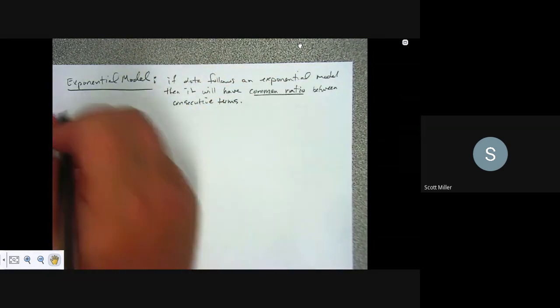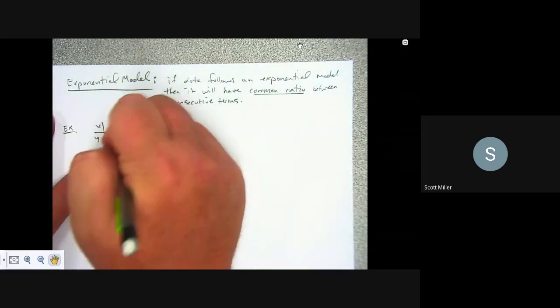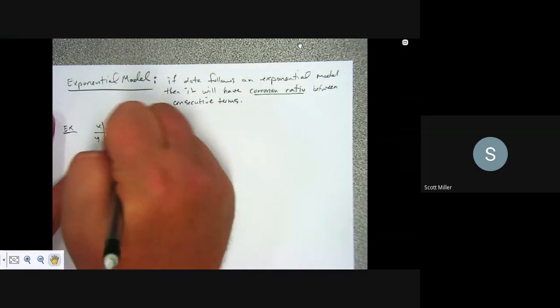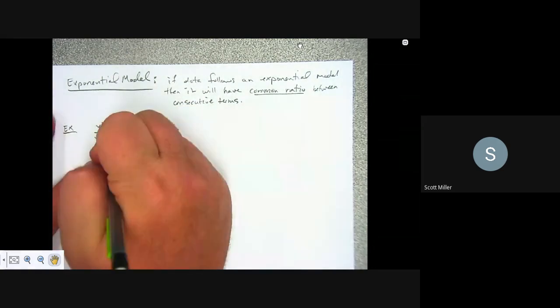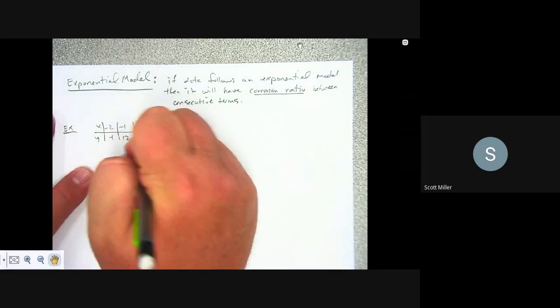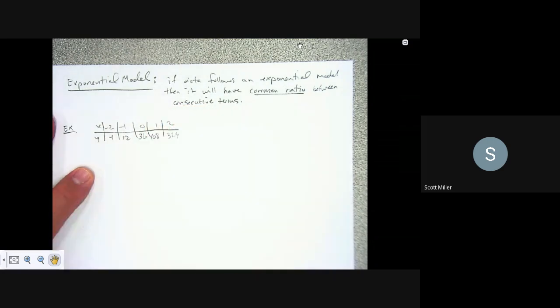Okay, so here's our little example. So I had -2, -1, 0, 1, and 2. Here's a 4, a 12, a 36, a 108, and a 324.